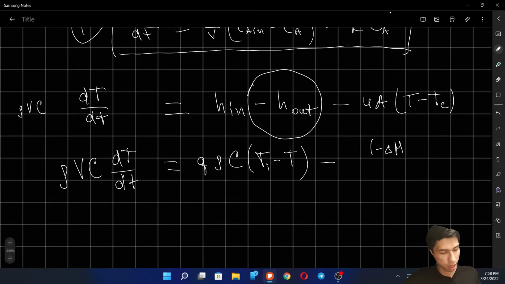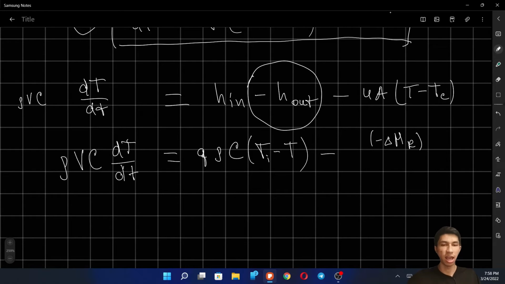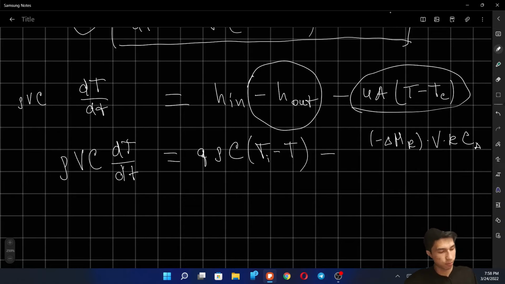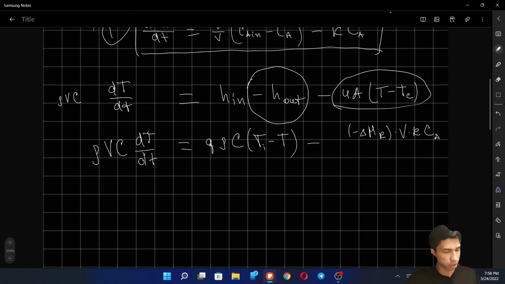We can just multiply this by volume times the rate of reaction, because it's the reaction, so it doesn't depend on the flow, it depends on the rate of reaction. So our rate of reaction is going to be k times CA, and we can just write this down to continue our equation. So I'm just going to write this below.